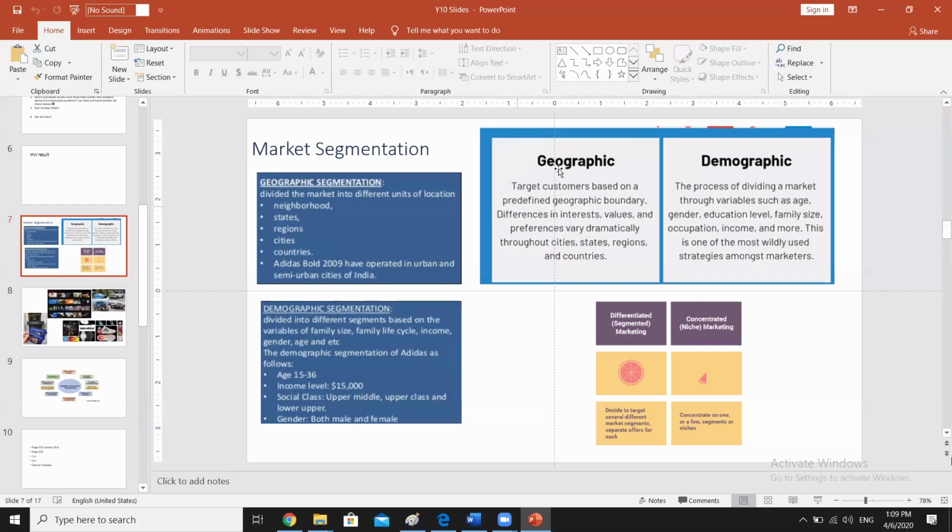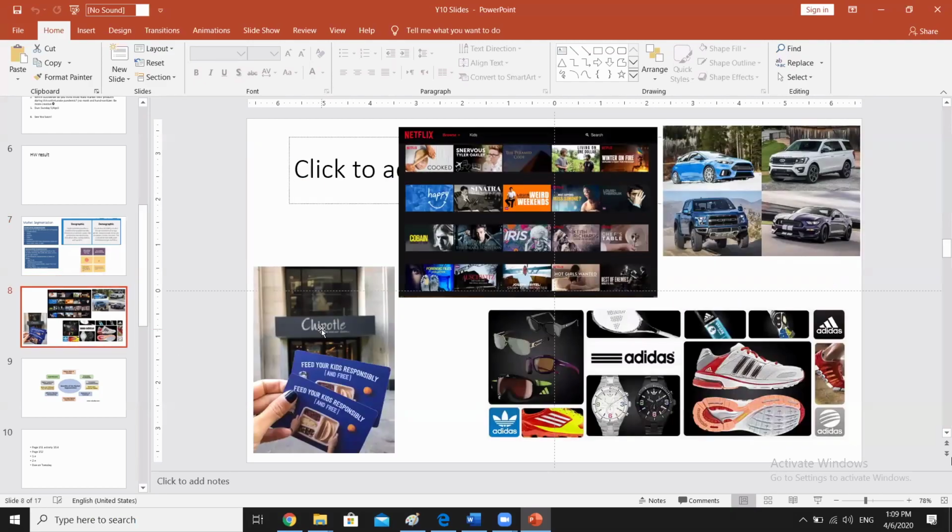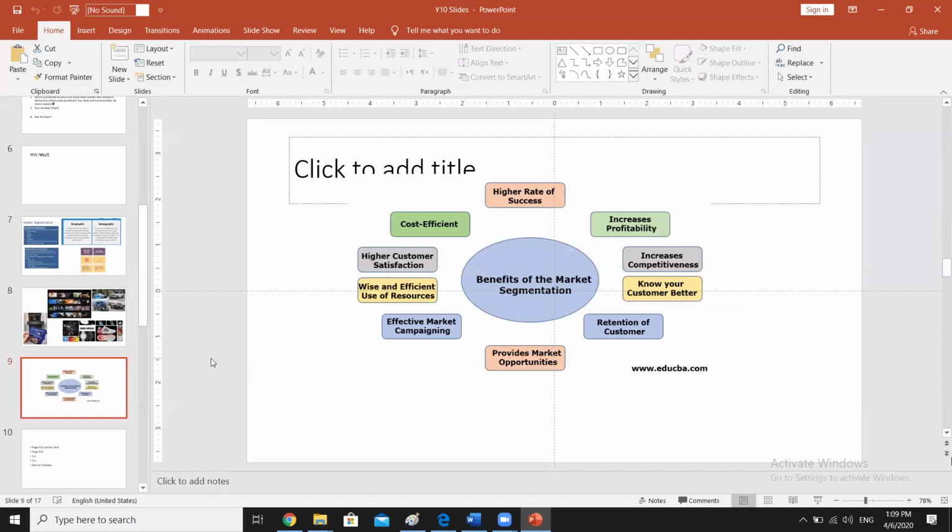We talked about geographic segmentation, and we also talked about demographic segmentation. I gave you the example of a bunch of businesses and how they've managed to segment their market. We talked about the benefits of segmentation.